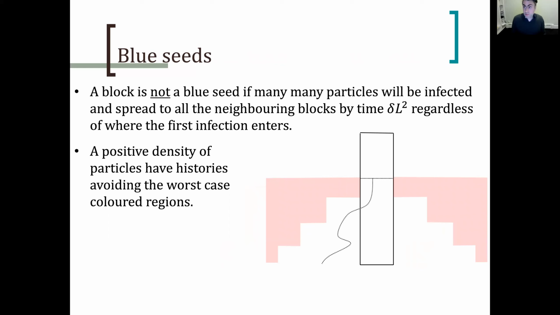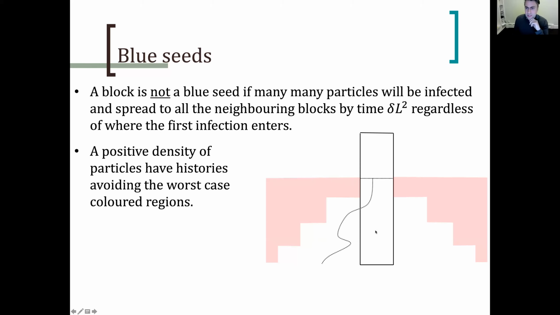And so how do we relate this to the first passage percolation in a hostile environment setting? Well, we have to define what are the bad boxes. What are the ones where the infection isn't going to spread to its neighbors quickly? So I'll tell you what the complement of being a bad one is, so what it means to be good.